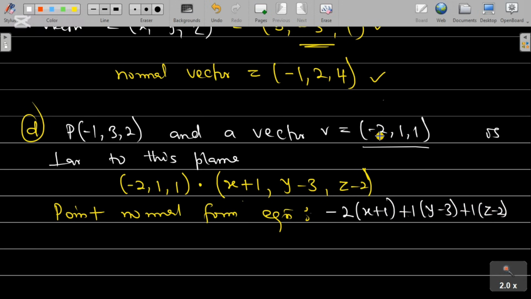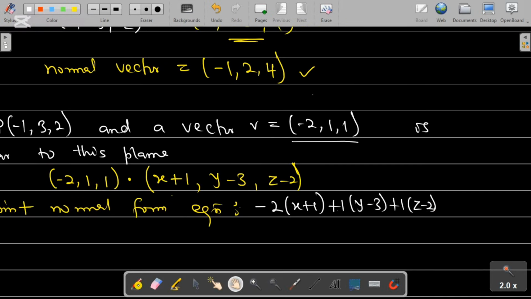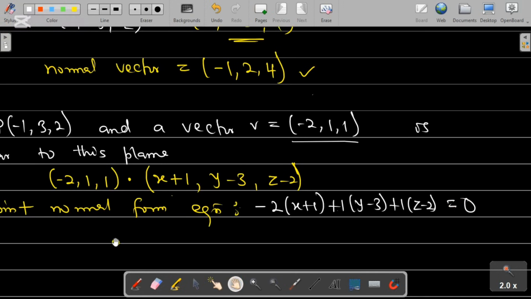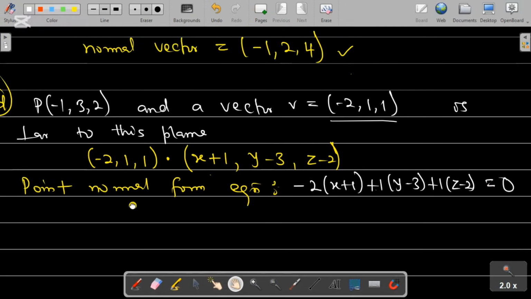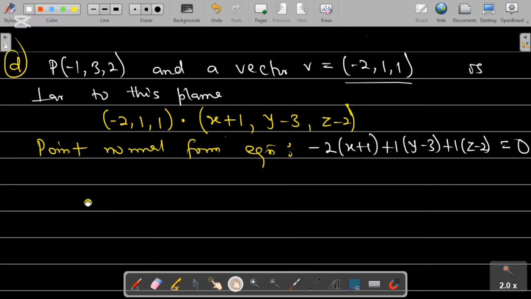So you are picking these as coefficients of each of these, and then finally you equate everything to 0. So this is equal to 0. That is the point normal form equation for the plane that passes through the point P and is perpendicular to the vector v given here. That is what is required of you, and it completes the question for number 4D.